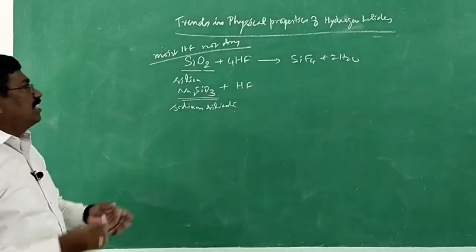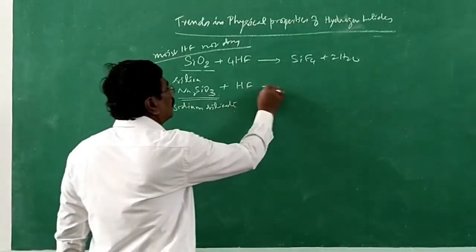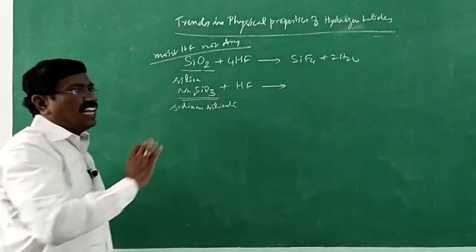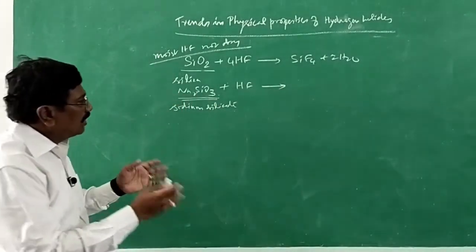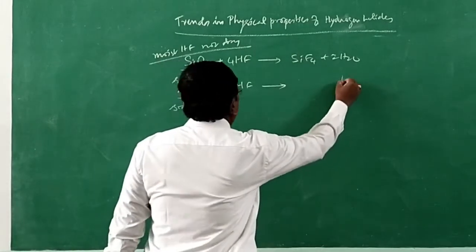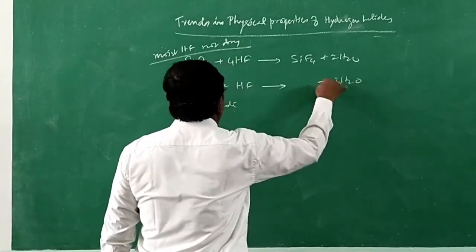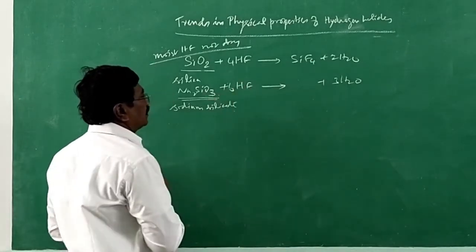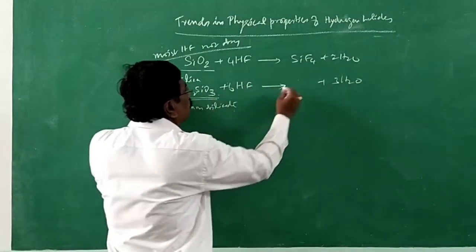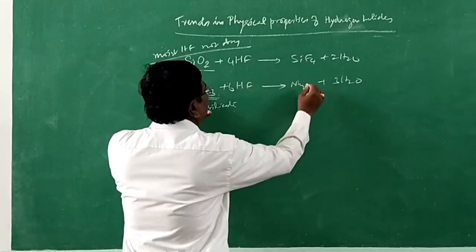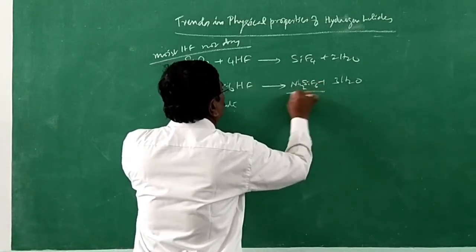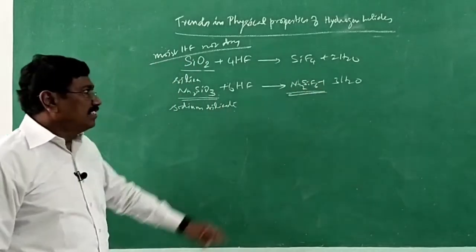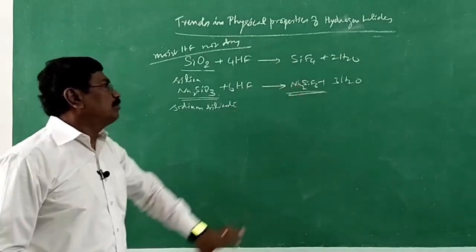It reacts with hydrofluoric acid to form, of course, all the hydrogen present here converted into water, 3H2O. Therefore, 6HF. We will get Na2SiF6, sodium fluosilicate. Silicon tetrafluoride and therefore sodium fluosilicate are formed.